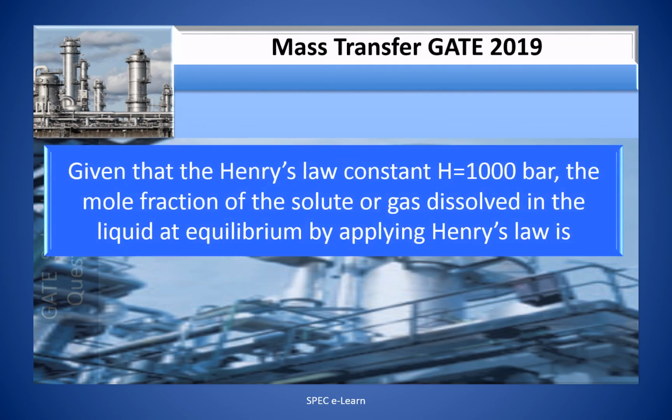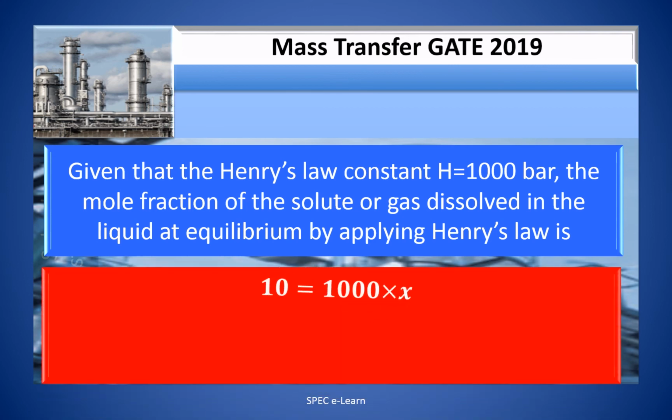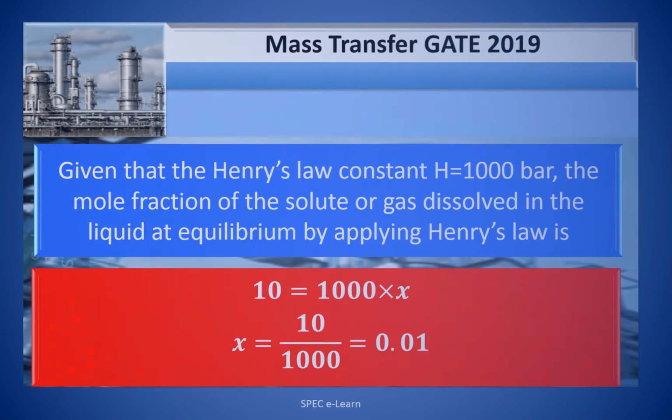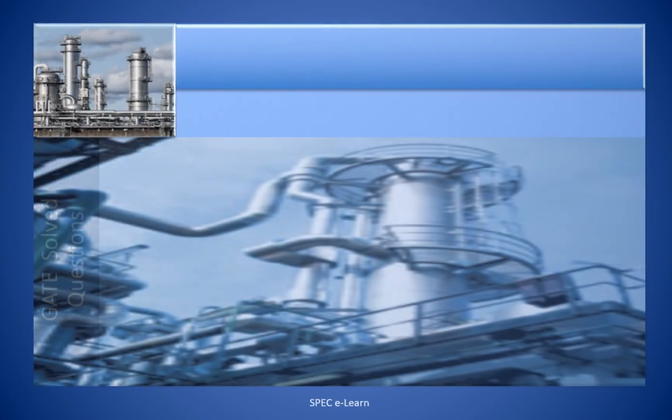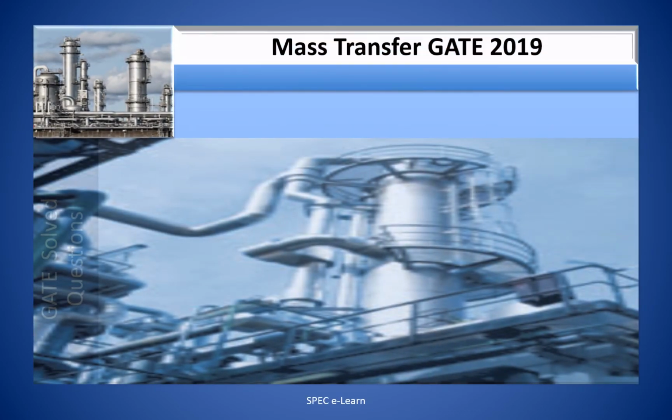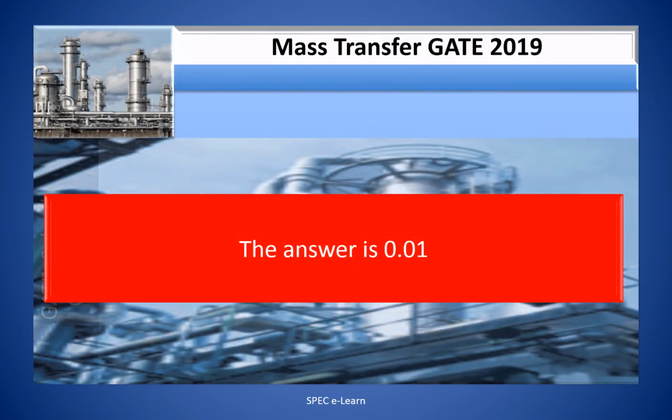Given that the Henry's law constant H is 1000 bar, the mole fraction of gas dissolved in the liquid at equilibrium by applying Henry's law is X equals 10 by 1000 equals 0.01. So the answer for this NAT type question is 0.01.